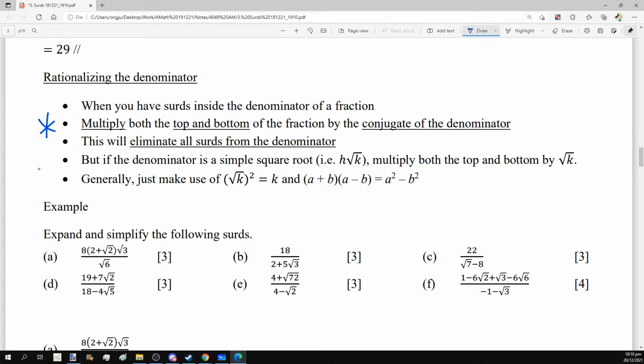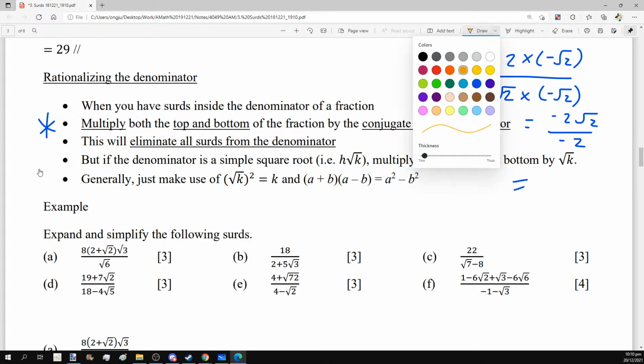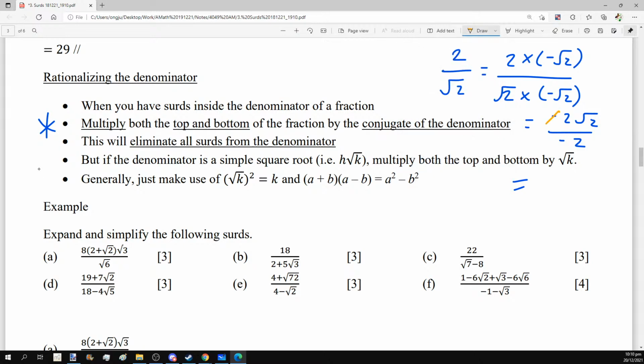If I have 2 divided by the square root of 2, we can simply multiply by the conjugate, negative root 2, like so. And this will give me the following result after cancellation.